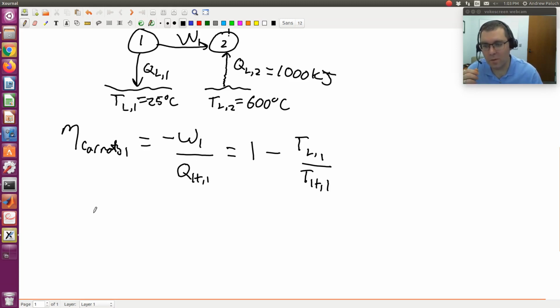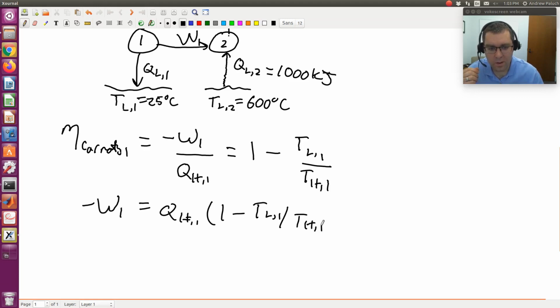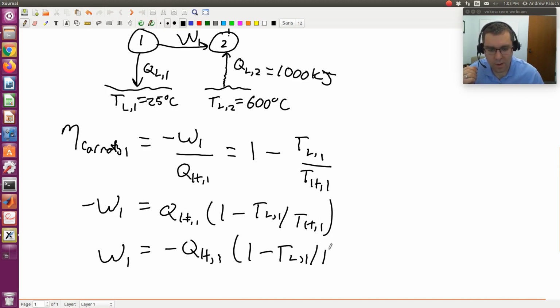So solving for W1, one step at a time: negative W1 would be equal to QH1 times 1 minus TL1 divided by TH1. So W1 would be equal to negative QH1 times 1 minus TL1 divided by TH1.